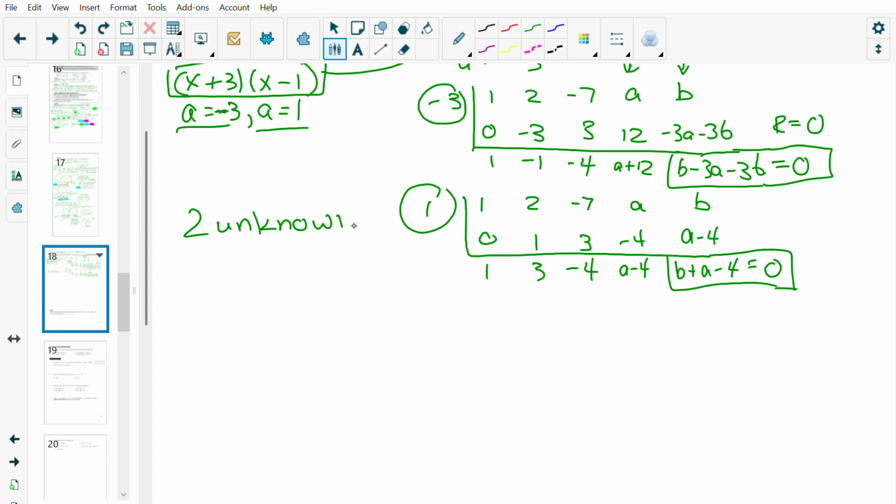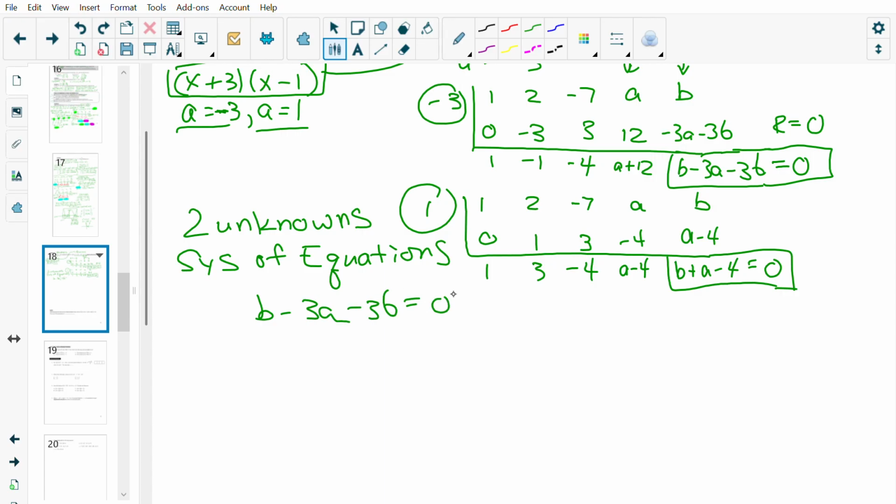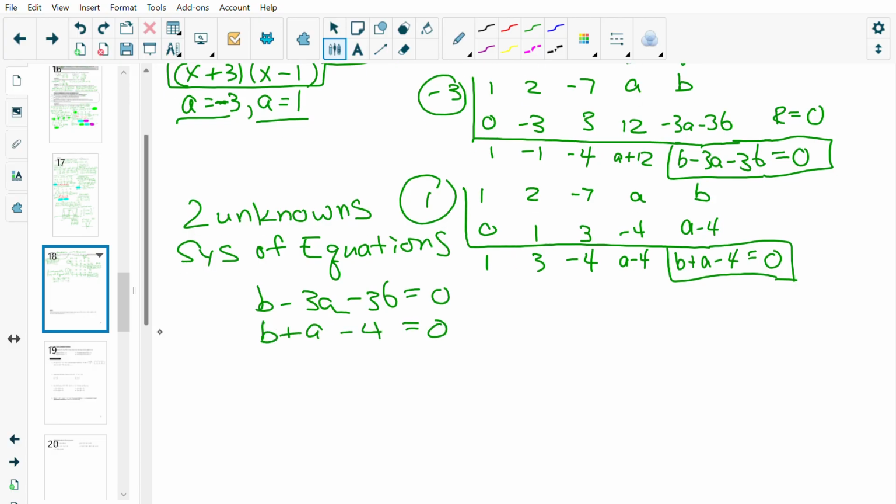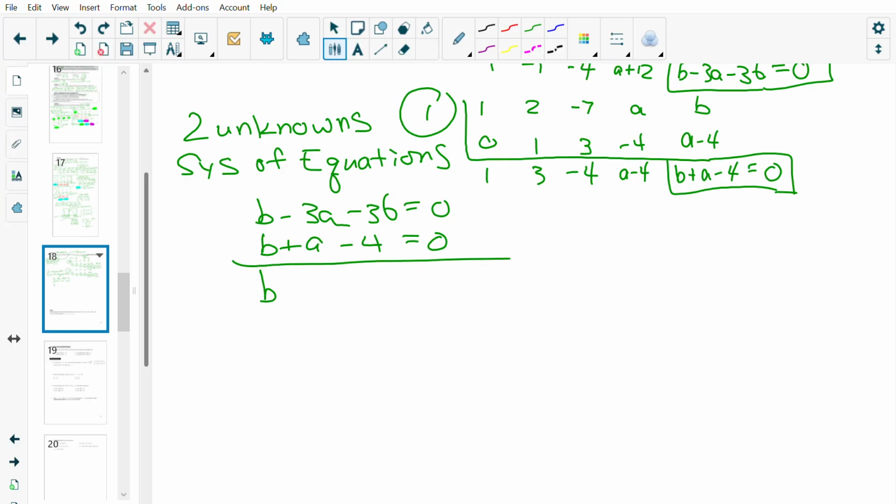Okay, 2 unknowns in 2 equations. How do I solve? I use a system of equations. I have b minus 3a minus 36 equals 0. B plus a minus 4 equals 0.